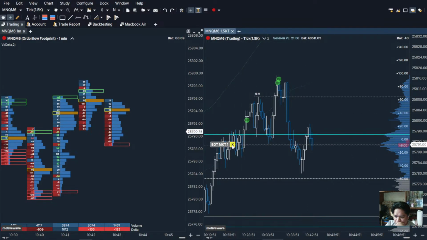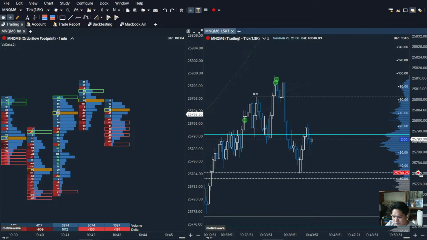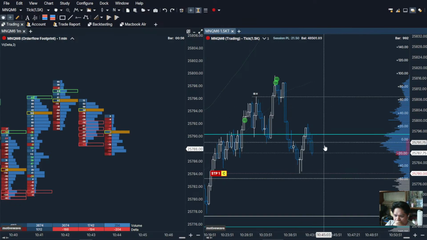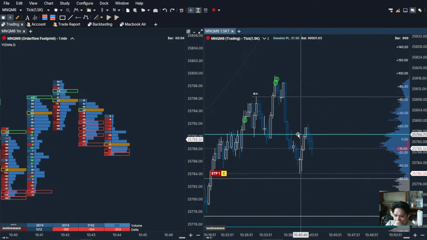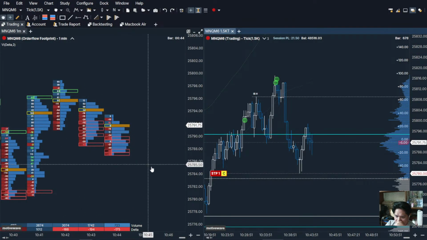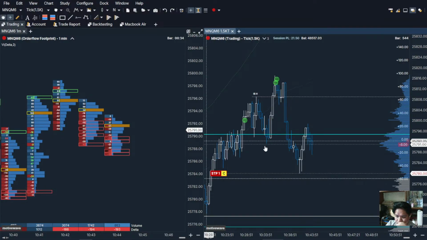We market one here again, and then a lot of absorptions happening now in these few levels. Can we push up?